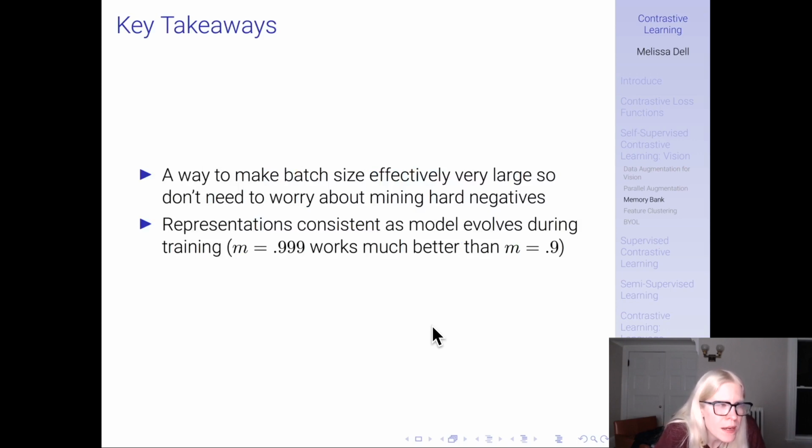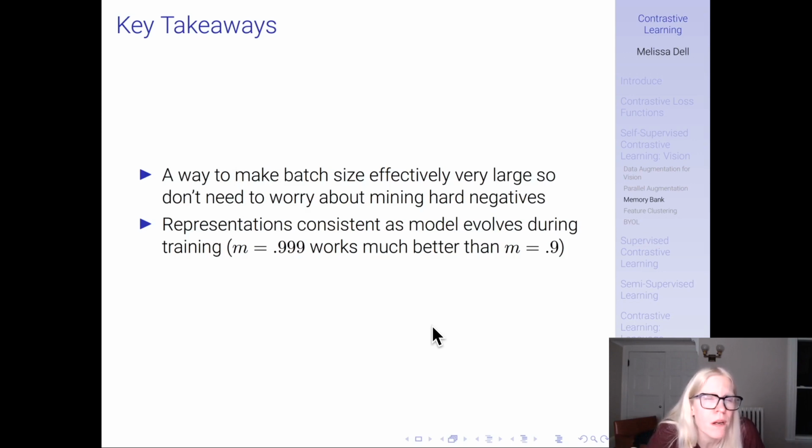So the key takeaways: a way to make batch size effectively very large, so you don't need to worry about specifically mining hard negatives. And the representations are consistent as the model evolves during training.